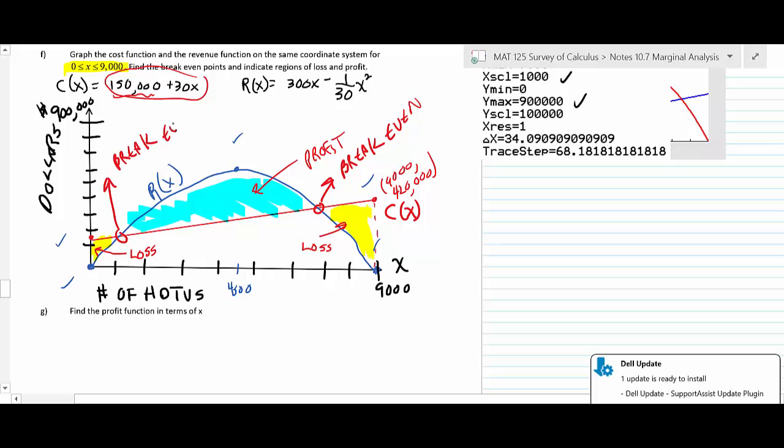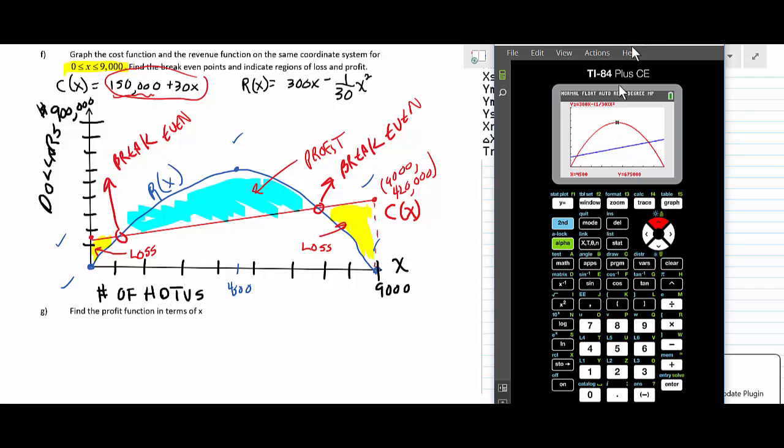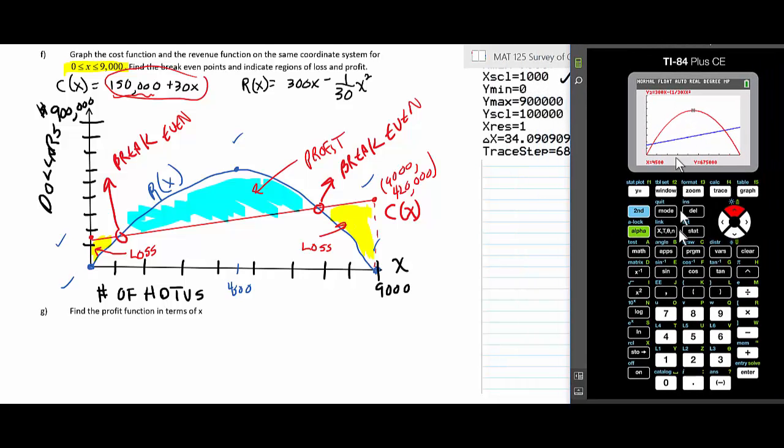Okay, so I'm going to show you how to get those with your calculator primarily. I'm not going to have you do this algebraically. With your calculator, if I want you to find the break-even points, you might need to write these keystrokes down. You either know this or you might not.